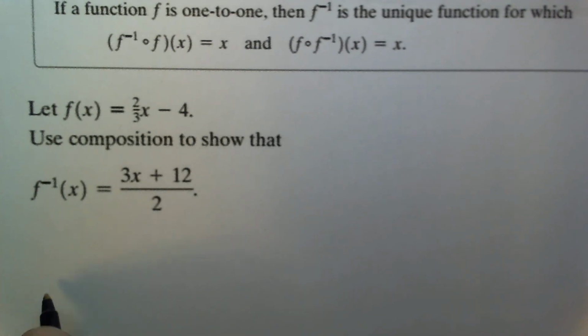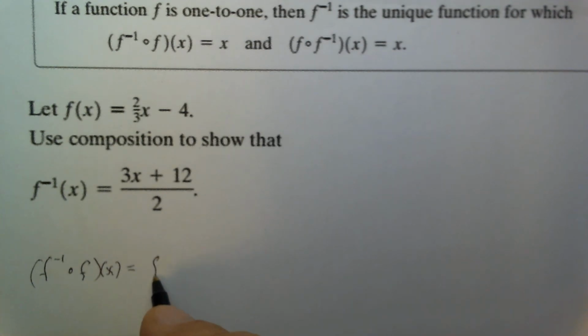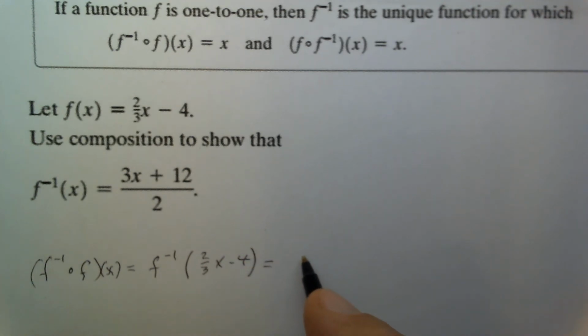Let's begin with the composition of f inverse and f of x. That means this is f inverse of 2/3 x minus 4. So that would be 3 times 2/3 x minus 4, plus 12, divided by 2.